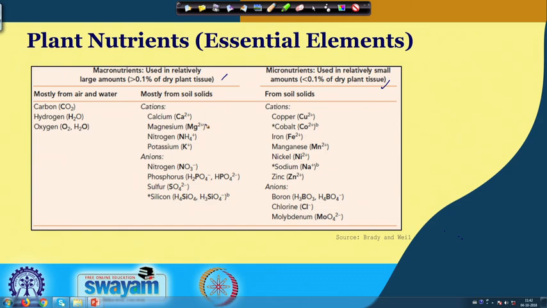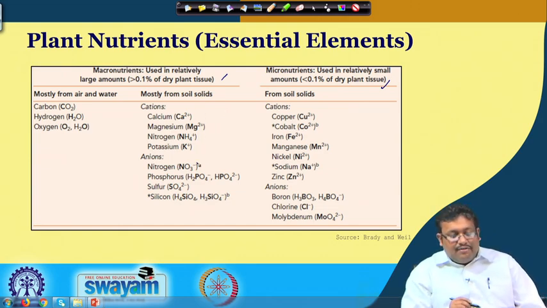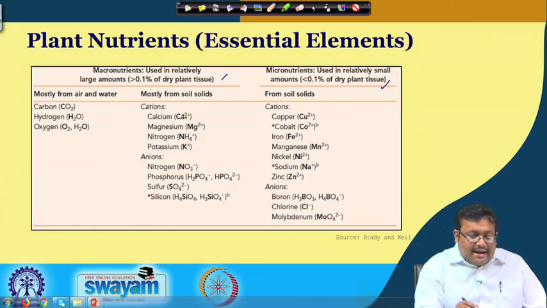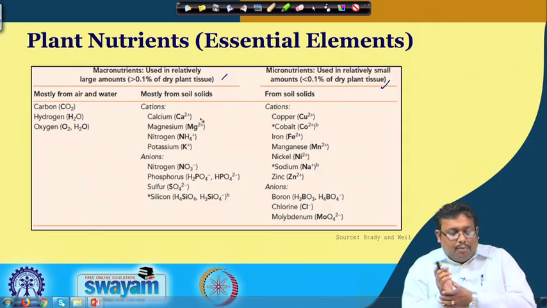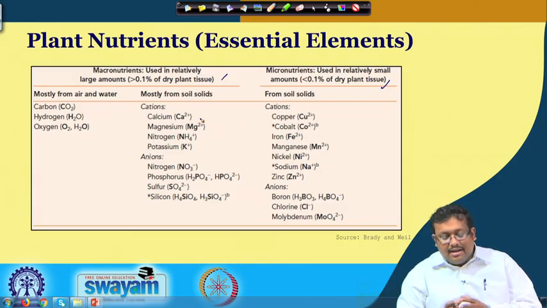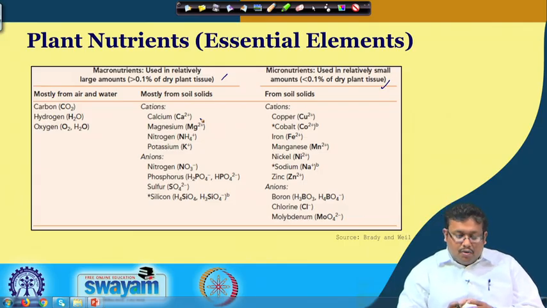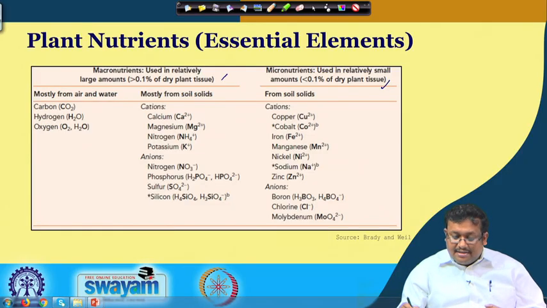Among macronutrients, as you can see, nitrogen, phosphorus, sulfur, calcium, magnesium, and potassium are there. And in the case of micronutrients, cobalt, iron, manganese, nickel, zinc. In the case of anions, boron and molybdenum are important, and we will discuss them in detail in later classes.